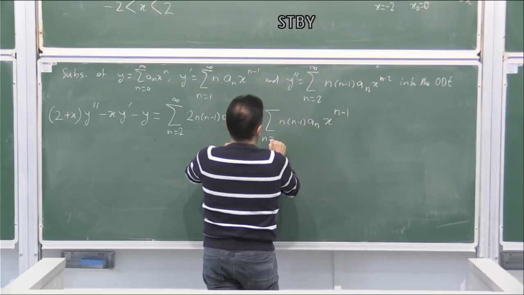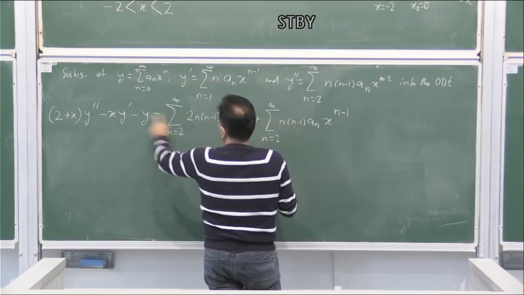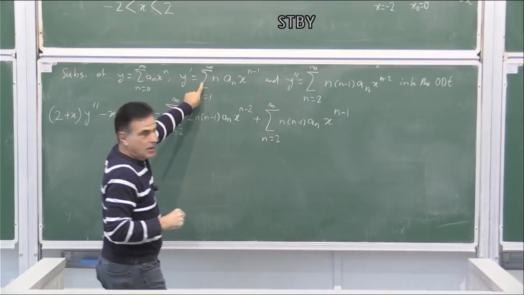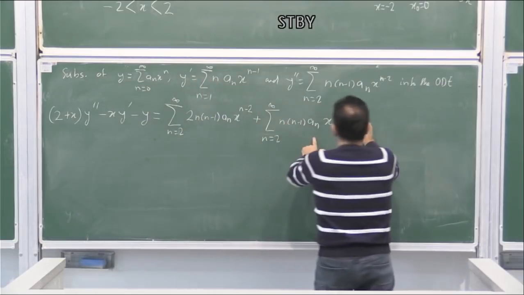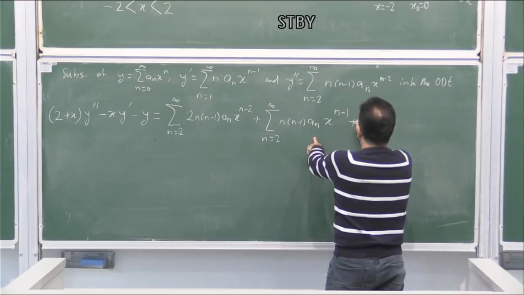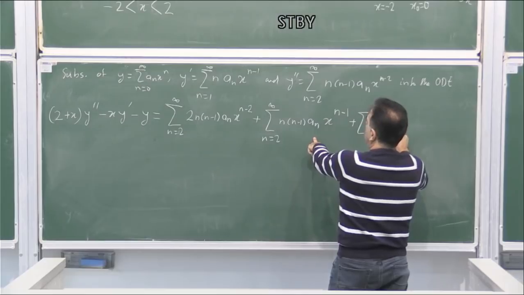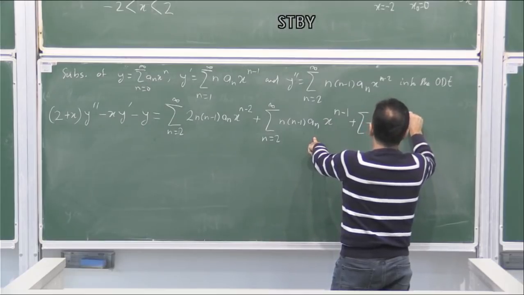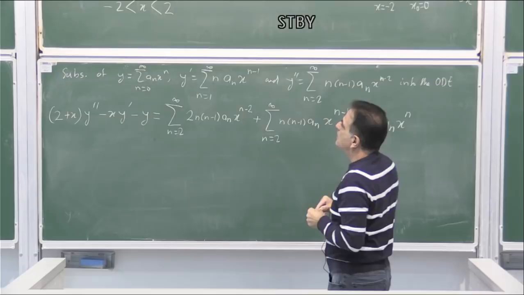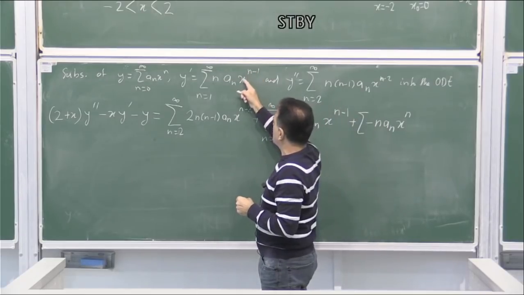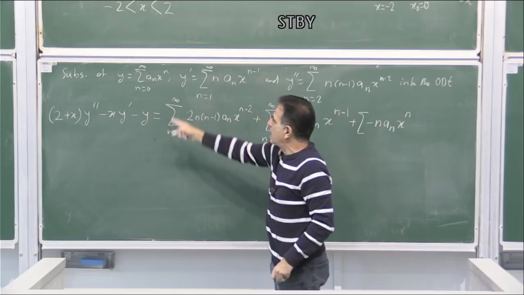Okay, from 2 to infinity. Then minus x times y prime. Multiply y prime by minus x. So we have minus n an x to power n. Good. Multiply x minus n x to power n minus 1 by x.